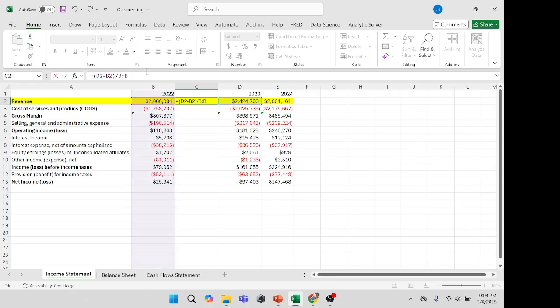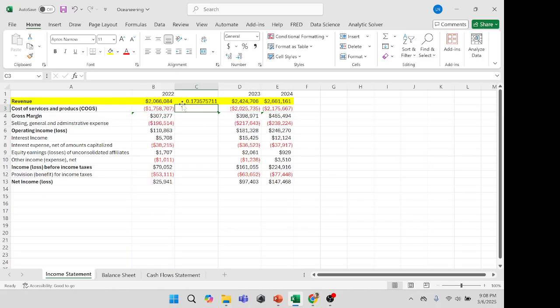Don't overcomplicate. Divide by B2. That's it. This is the percentage change. And if you change it to percentage, you see from 2022 to 2023, it's increased by 17%. Then you're going to do that for the whole column down here.